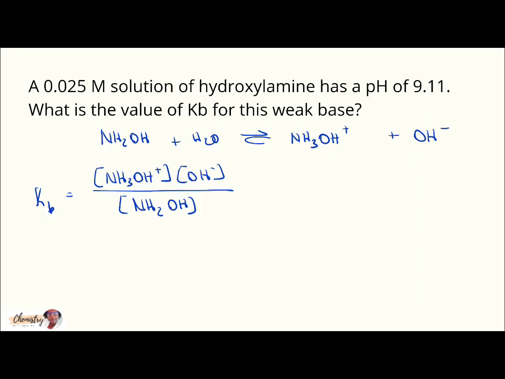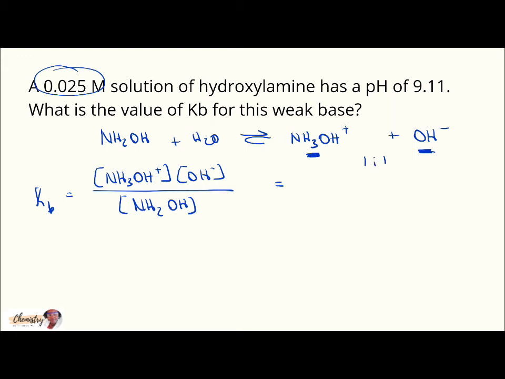Which means that we know the concentration of the hydroxylamine, but now we need to find out the concentration of the hydroxide ions. Based on our balanced equation, for every single mole of hydroxide ions that are formed, the same amount of hydroxylamide ions will be formed because we have a 1-to-1 ratio.